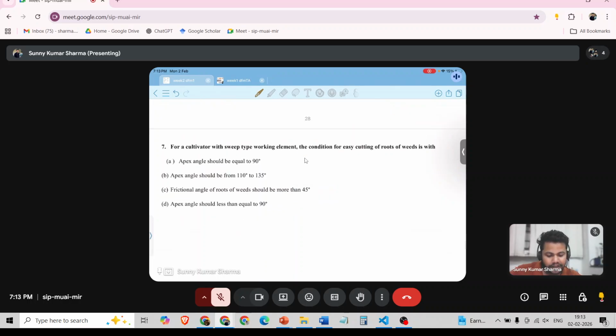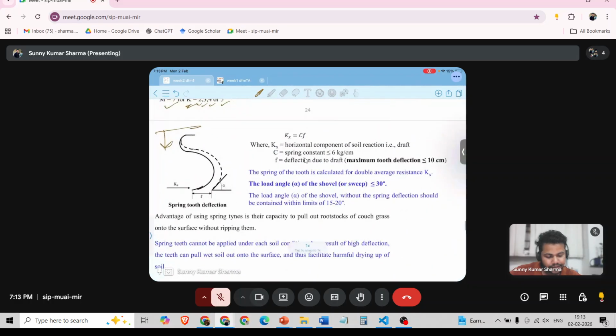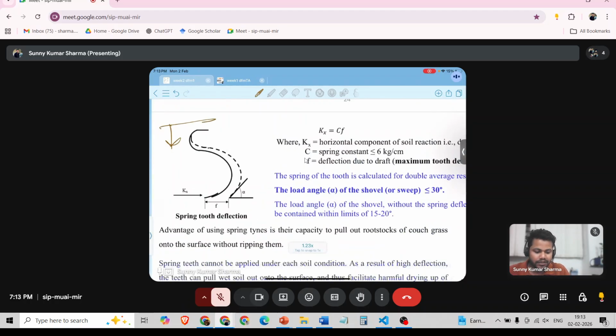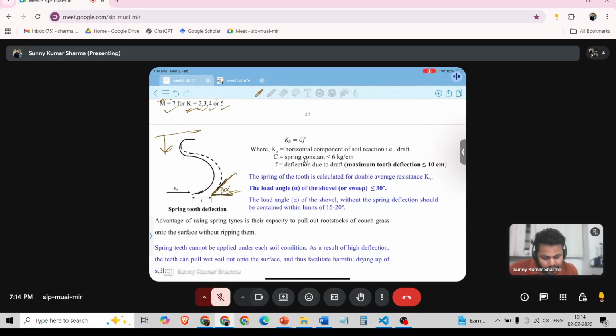Next question is for a cultivator with sweep type working element. This is a cultivator. The tine can be rigid type or spring type. This is the load angle. This is the working element with respect to ground. It is making an angle, that is the load angle. And this is the maximum deflection F. In case of spring tine, it will deflect, and this maximum deflection should be less than 10 centimeter.